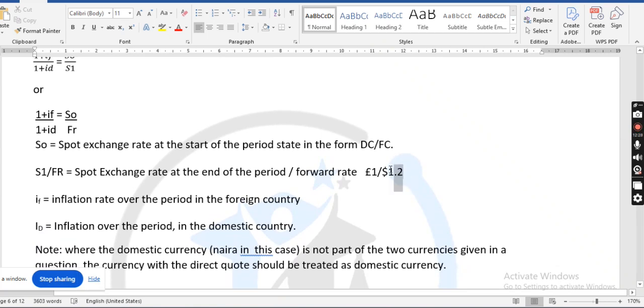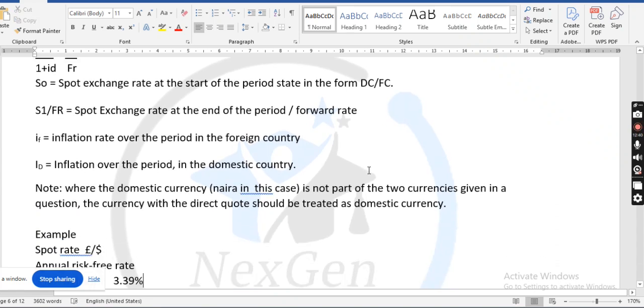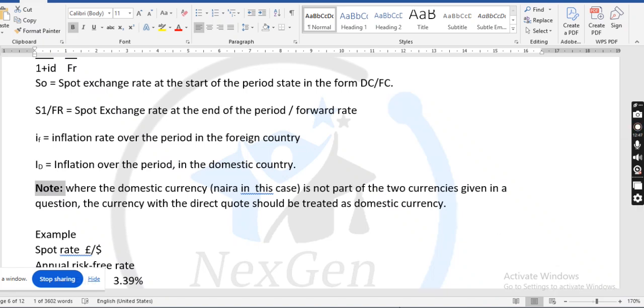So let's take an example, an illustration where we need to determine a forward rate. Now, note, let me repeat it again.